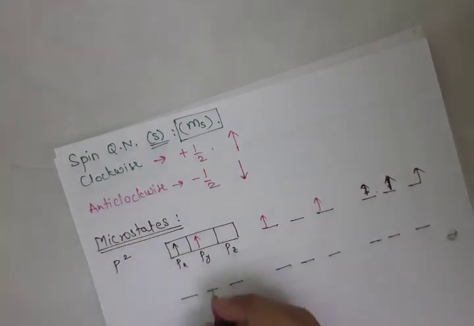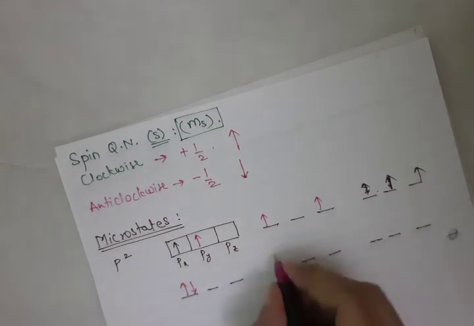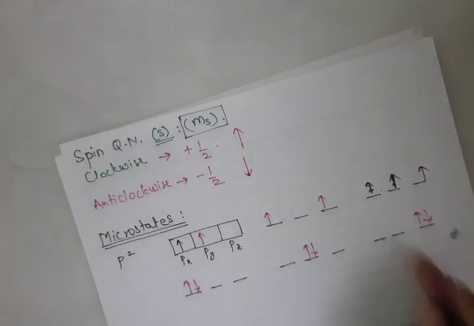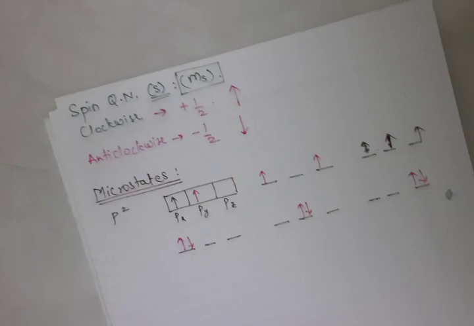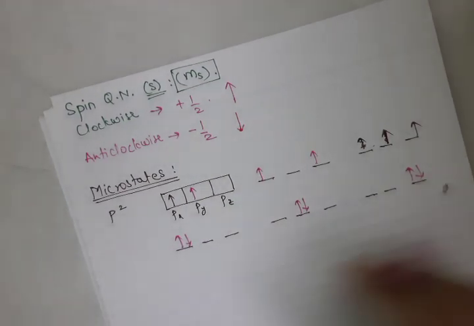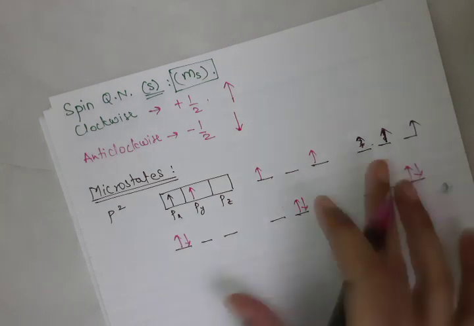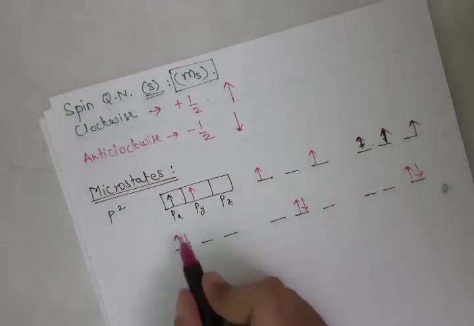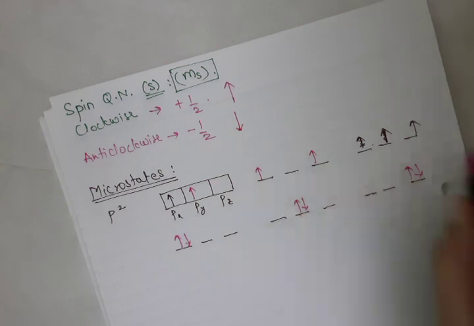Then one will say no, I want to write like this only: two electrons in the same orbital, or like this, or like this. So everyone has their own opinion, and we can write in different ways. We can fill the electrons into the orbitals in different ways.